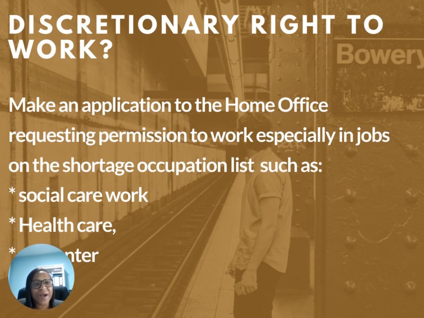Therefore, if you're asking the Home Office to give you the right to work in the UK, you must make an application to the Home Office requesting permission to work, especially in jobs on the shortage occupation list, such as a social care worker, a healthcare worker, a carpenter, a mason. Okay? The Home Office has the discretion to grant you or not to grant you.